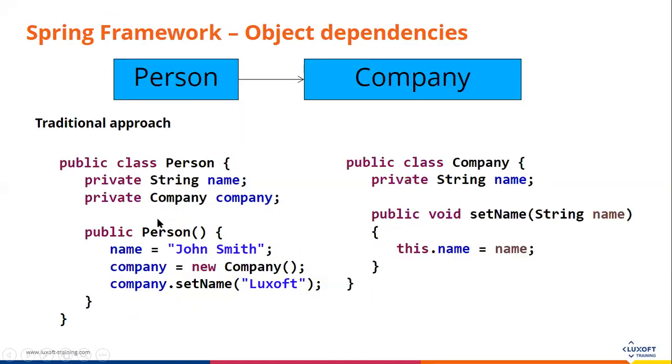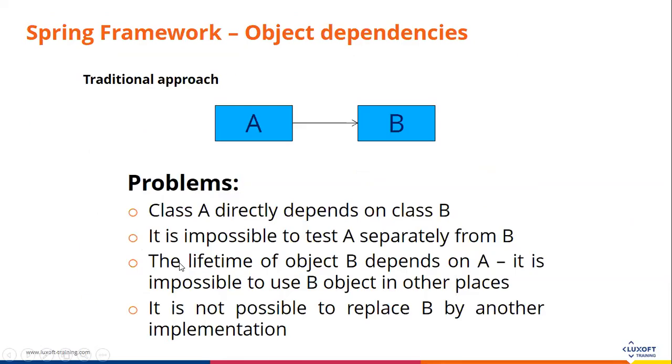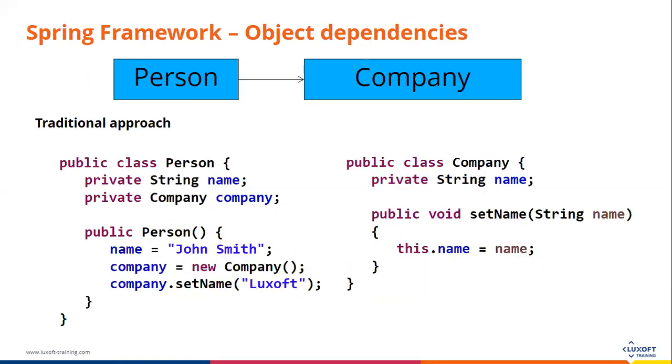Its lifetime depends on this person class or this person object, so it cannot be reused. And it is not possible to replace B by another implementation. You have just created and initialized it here, so it will remain here.